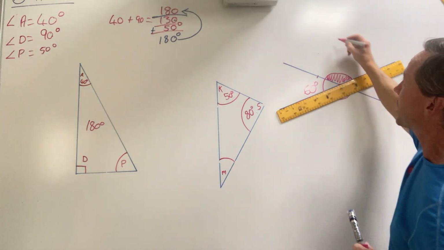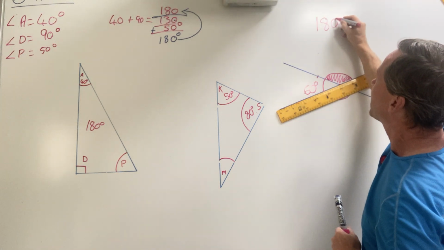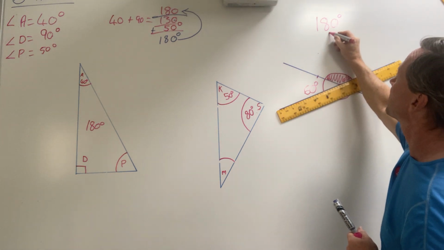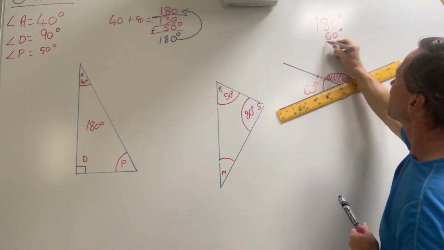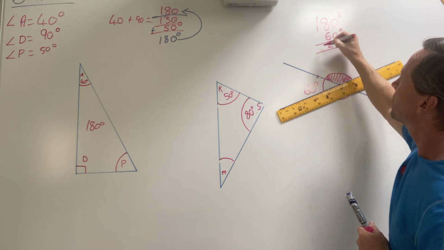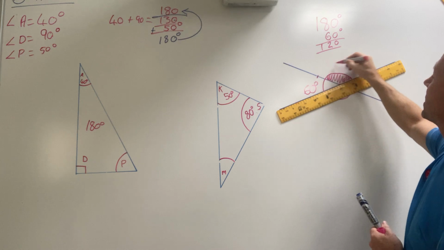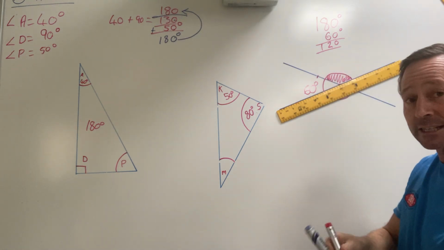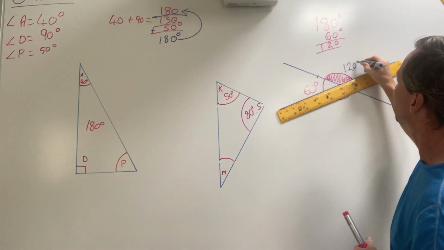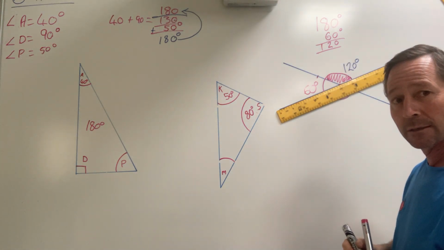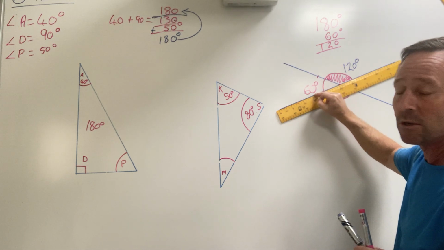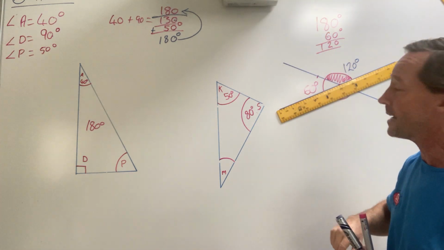Remember, angles on a straight line add up to 180 degrees. We know this angle is 60 degrees. So if we minus that, 8 minus 6, this means this angle here, and obviously it'll be labelled, would be 120 degrees. 120 plus 60, if I do the inverse operation, would add up to 180.